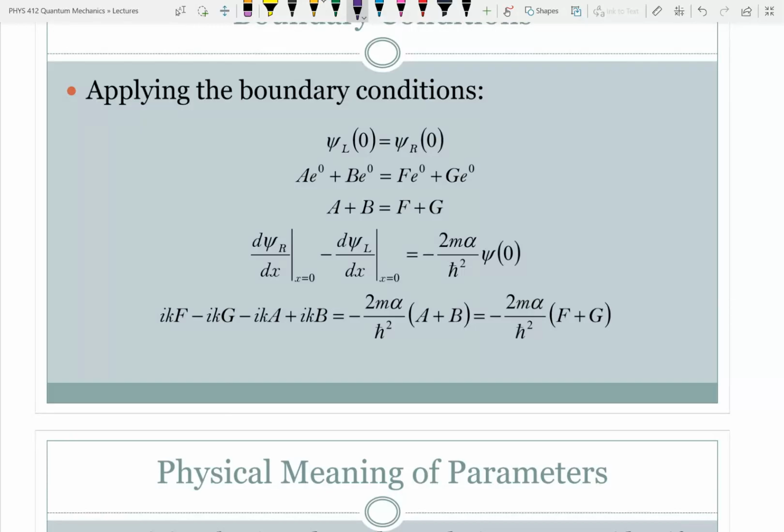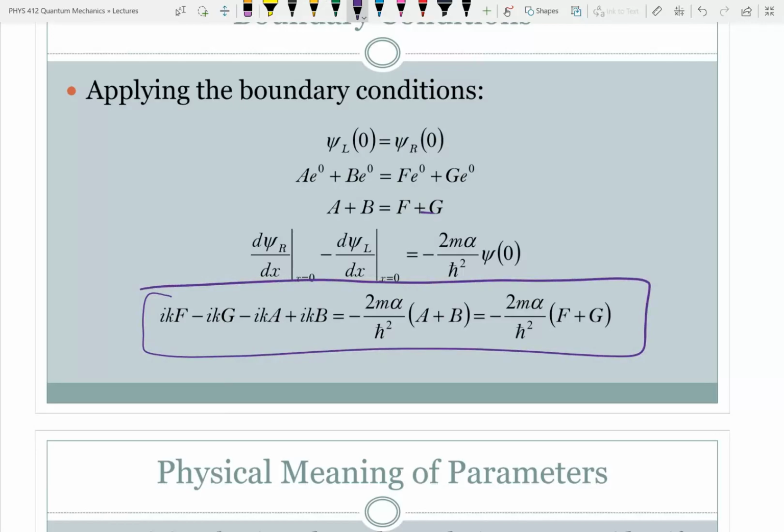Our boundary condition is that the change in slope has to be minus 2m alpha over h bar squared times psi of 0. And so that gives us this. There's our second boundary condition. Notice A plus B equals F plus G from up above. It's not two special ones. There are just two different ways of writing the same boundary condition.